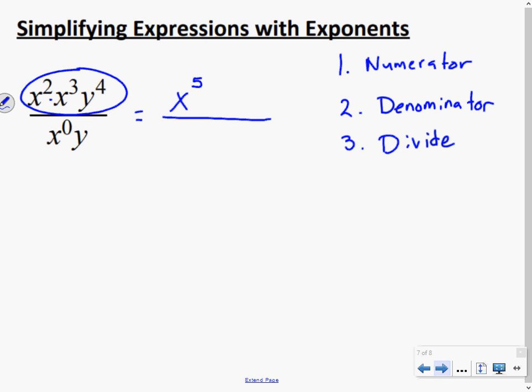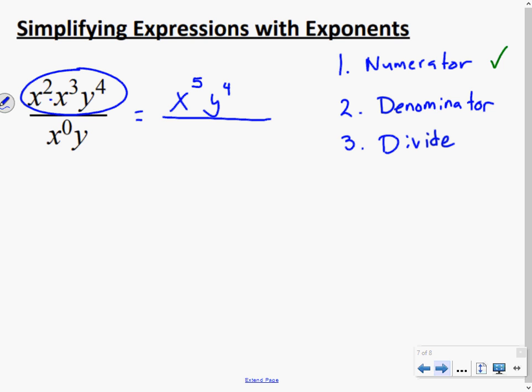Now, y to the 4th, that's a completely different base. I can't multiply that to simplify with x. I can't add their exponents, so it has to stay separate. So that's the only thing that I can do in my numerator to simplify. Okay, so we've completed step 1. We've simplified our numerator as much as we can.